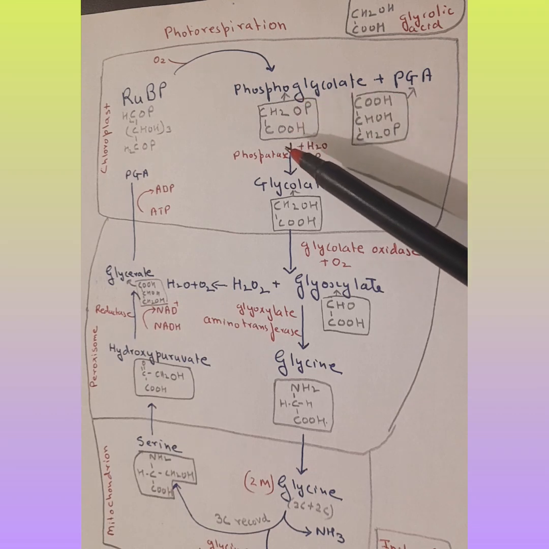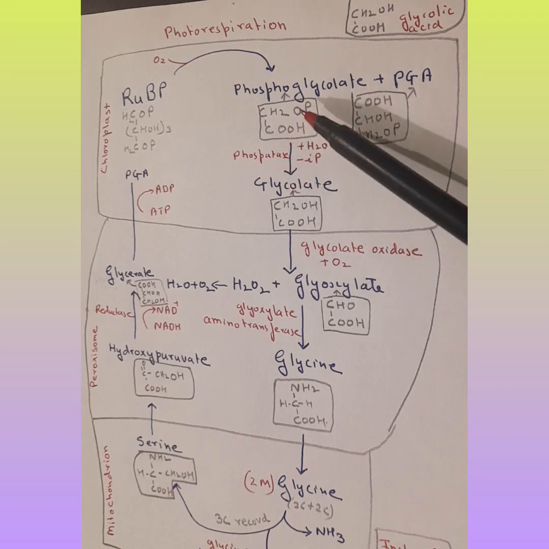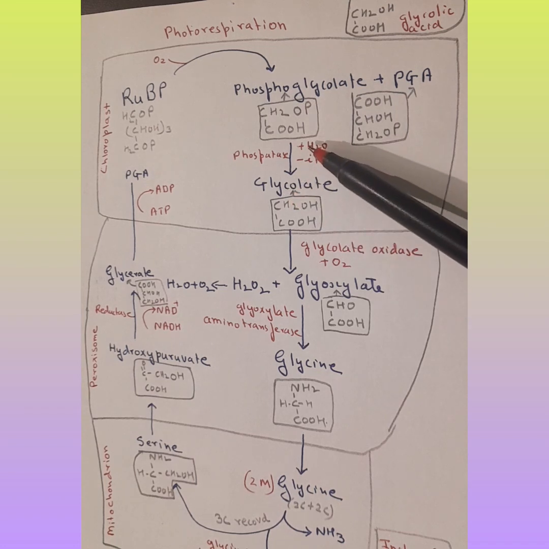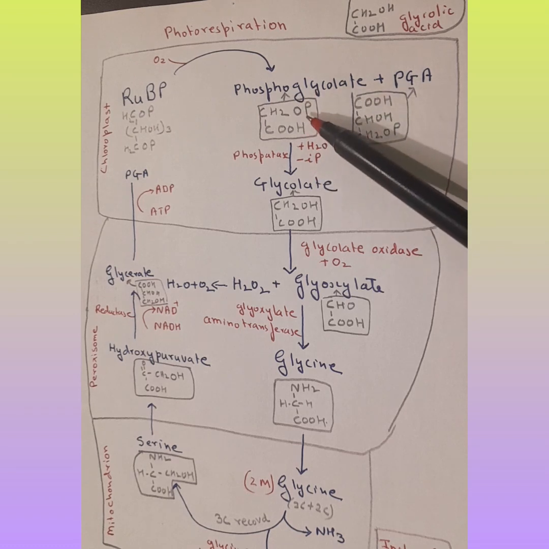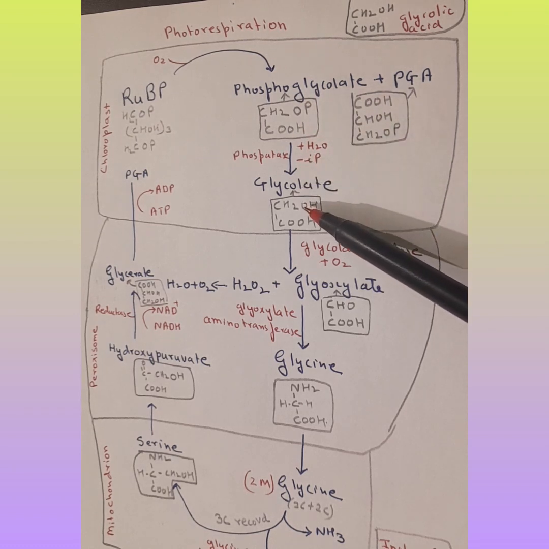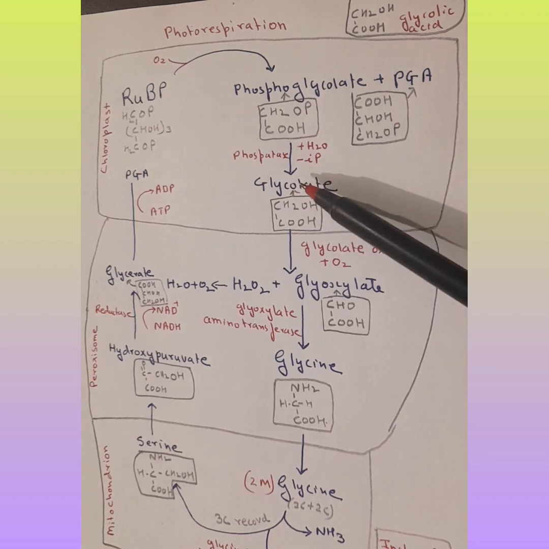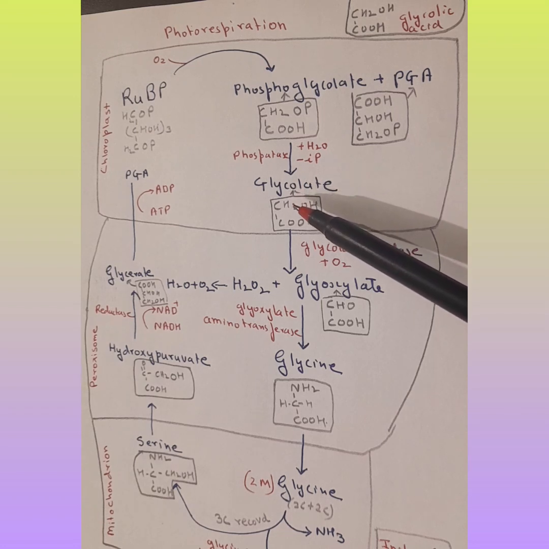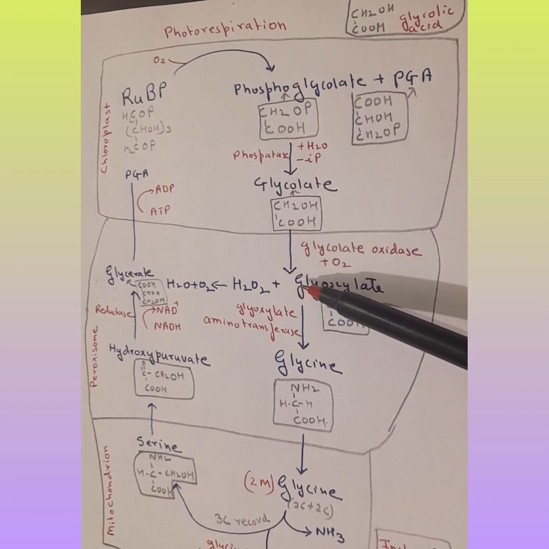This phosphoglycolate gets hydrolyzed. Inorganic phosphate is removed, and we end up with glycolate. Once it forms glycolate, it leaves the chloroplast and moves into the peroxisome.